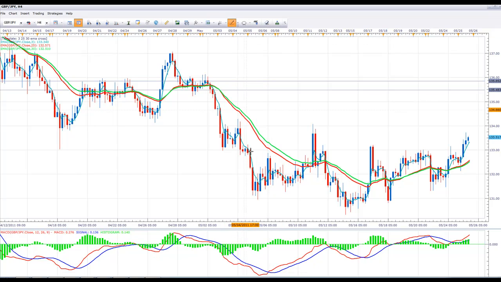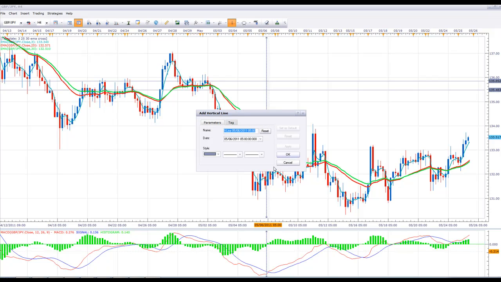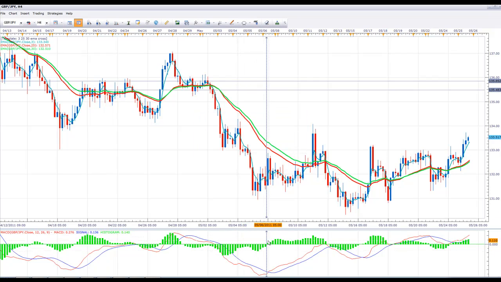Let me add a line just so it's clear. Right there is the cross of the MACD. So your exit would be somewhere around here, maybe at the top of this blue candle, 132.66.